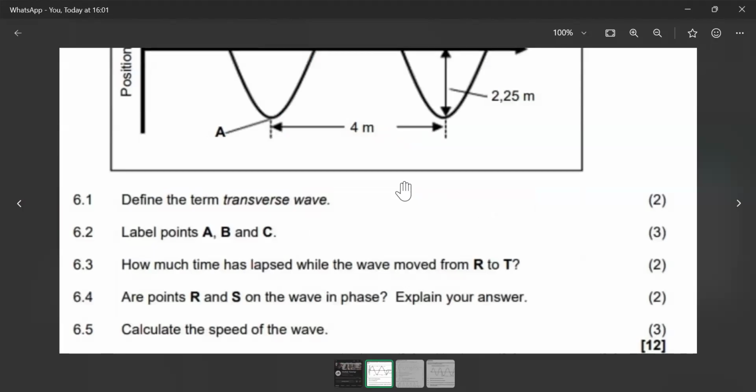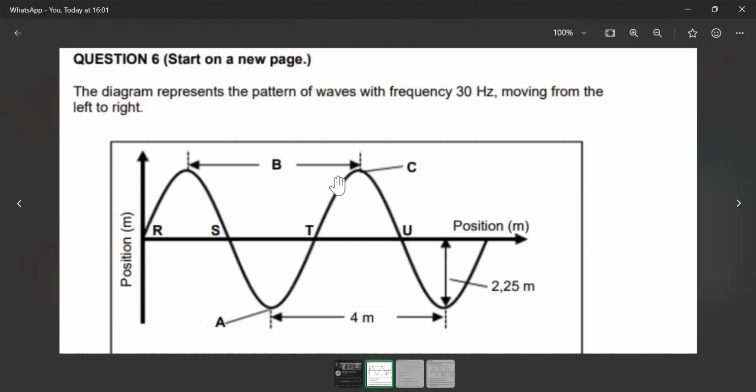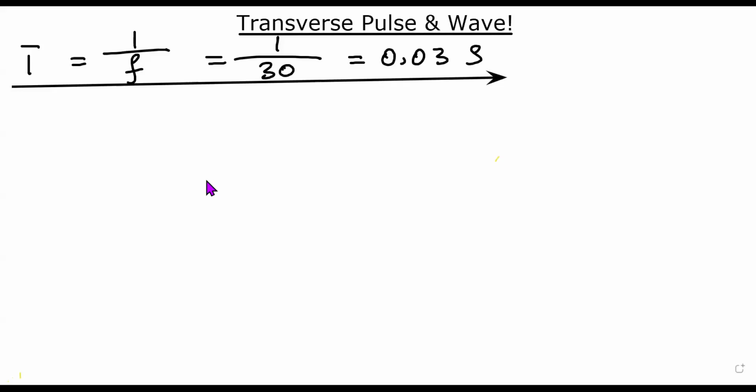And then what about the next question? Well, the last one says, please calculate the speed of the wave. And we know that in order to calculate the speed, we need the wavelength as well as the frequency. And in this case, we know both of them. The wavelength is 4, the frequency was given to us. This is the formula we use for the speed: speed is equal to frequency multiplied by the wavelength.